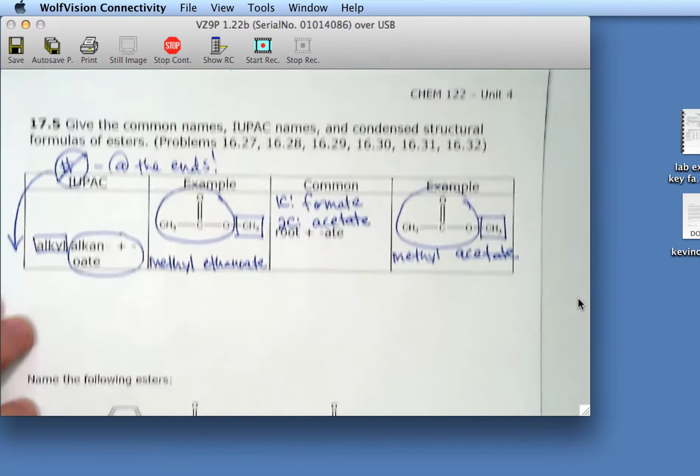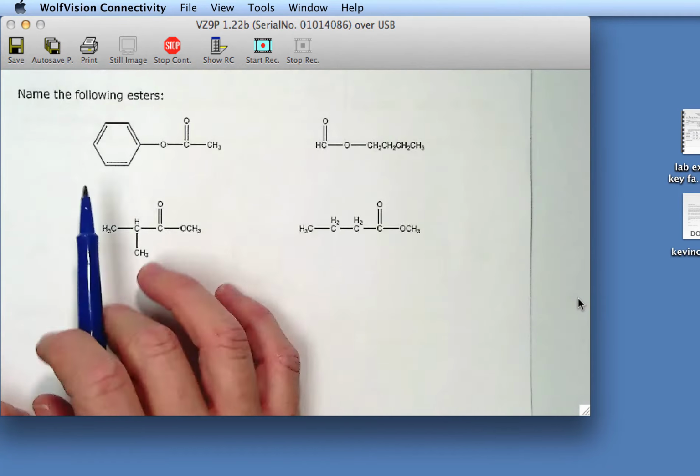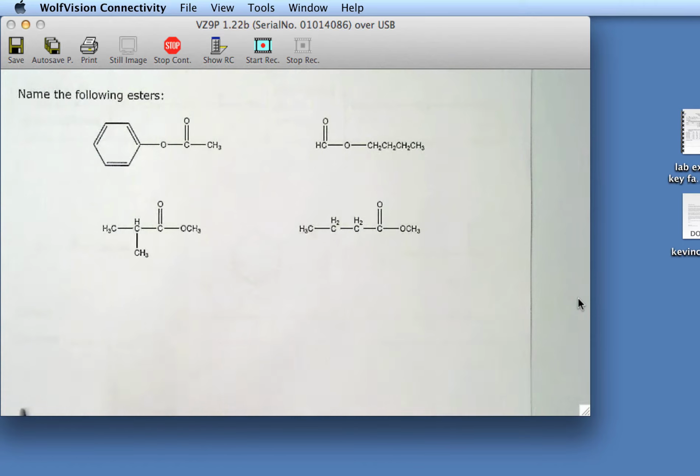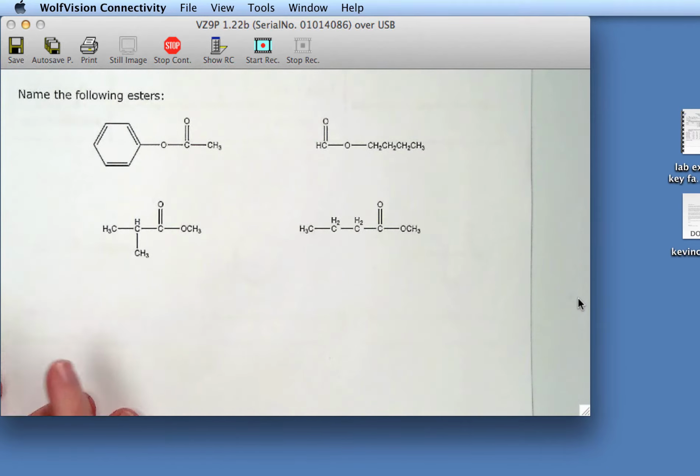Okay, so at the bottom of this page, I have 4 esters for you to name. They're not all the same way that we've seen. So be very careful when you're assigning your parents and the C double bond O and all that good stuff. So circle and square first before you get too caught up in naming it.